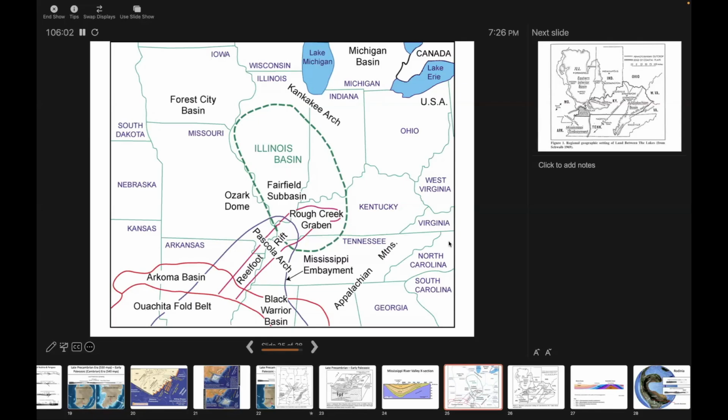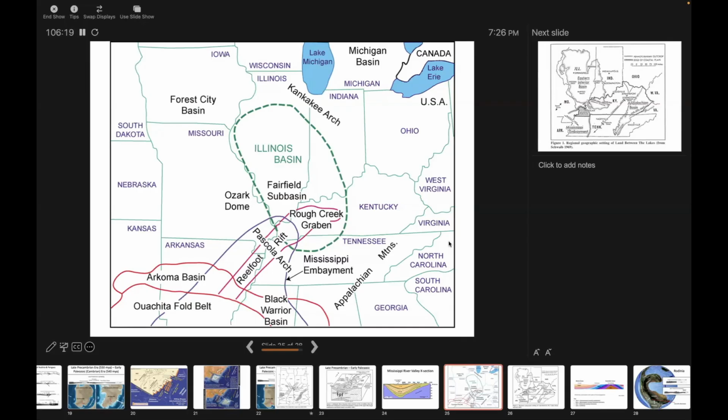In this case, though, we're talking about a different kind of arch. We're talking about an arch where the bedrock has just been pushed up a little bit, where it's uplifted, okay? Nothing's eroded out from under it. It's all down there. It's just that the layers, instead of being flat, are now arched upward.